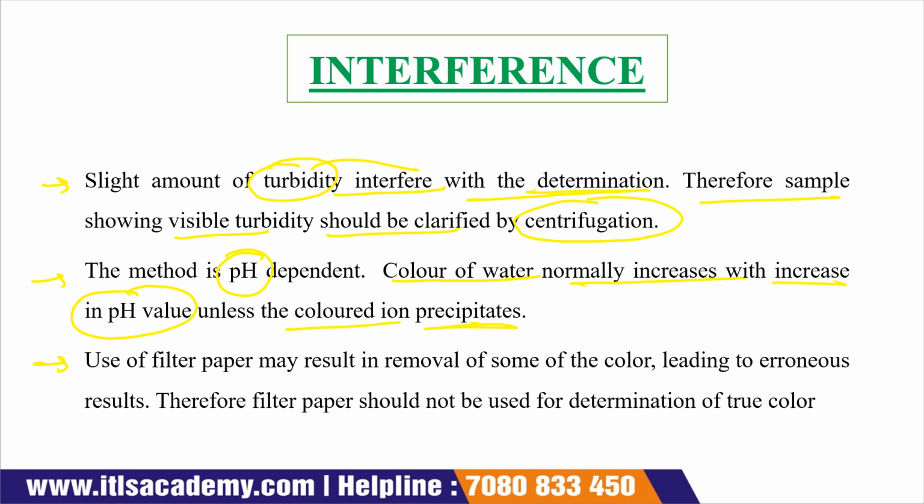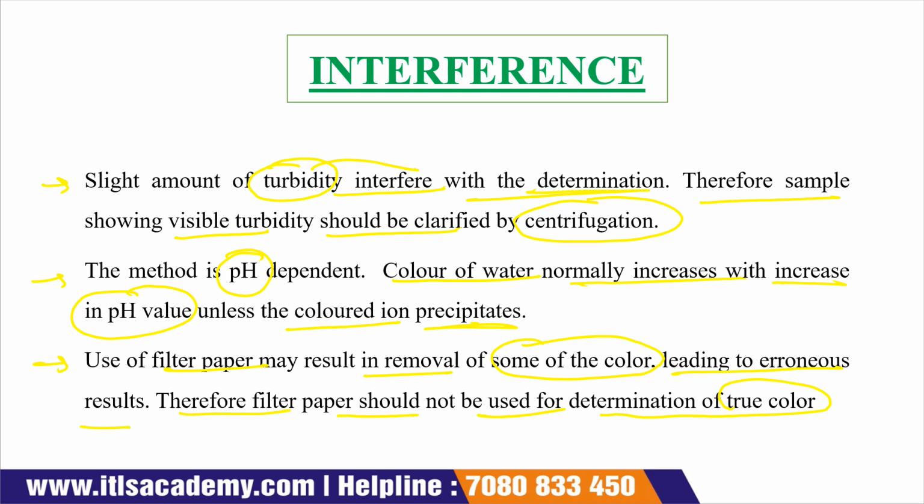The third interference is that we use filter paper, which may result in the removal of some color. Due to the use of filter paper, some amount of the color may be removed, which leads to an erroneous result. Therefore, filter paper should not be used for the determination of true color. We have to avoid the use of filter paper.